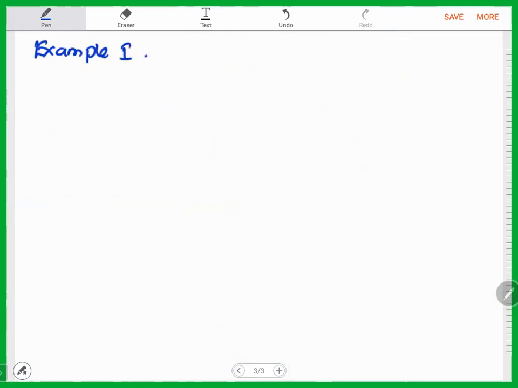Under elimination, we have been required to solve the system of equations 2x plus 7y equals 10 and 3x plus y equals 6 by the elimination method.